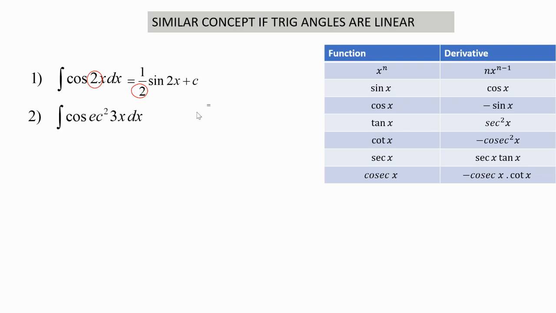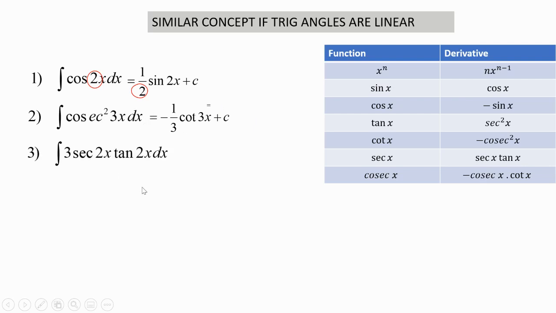Cosec squared 3x dx. Now this all happens when I've got the table over here. So cosec squared 3x, so that's going to be now a third or minus a third because the integral of cosec squared is minus cot. So minus a third cot 3x plus c.